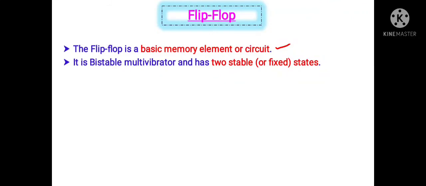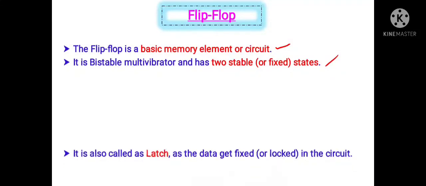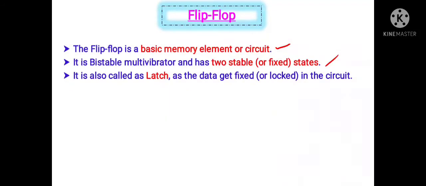It is a bistable multivibrator and has two states, and both of these states are stable, or we can say these are fixed states. It is also called a latch because the data gets fixed or locked in this circuit. That's why it is called a latch circuit.